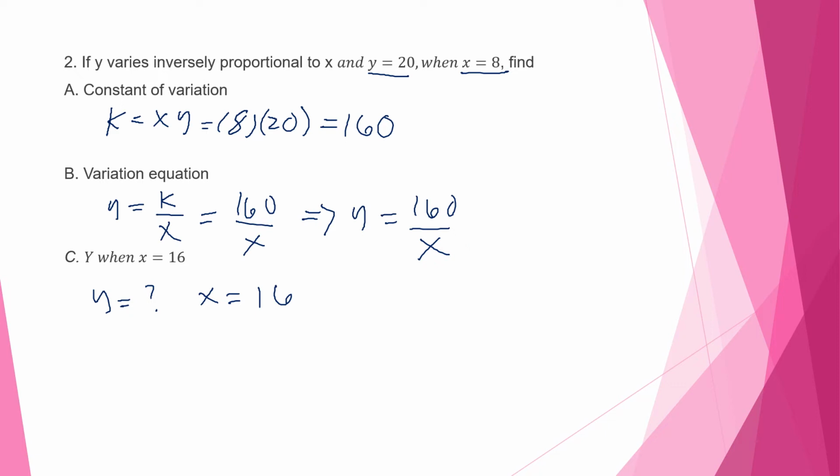Given the equation in letter B, y equals 160 over x. Our y here is unknown, whereas our x is given as 16. We will have 160 over 16, which is equal to 10. So the value of y is 10.